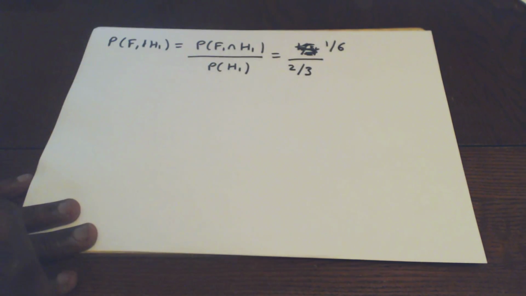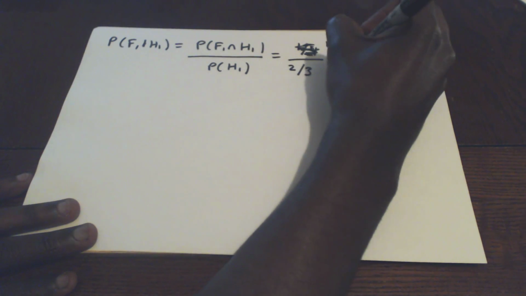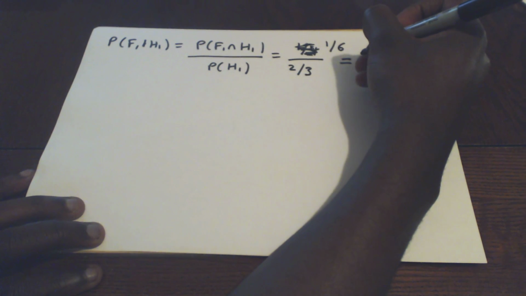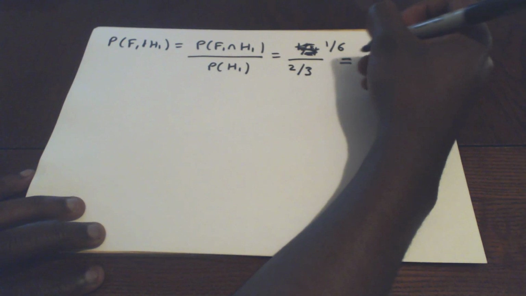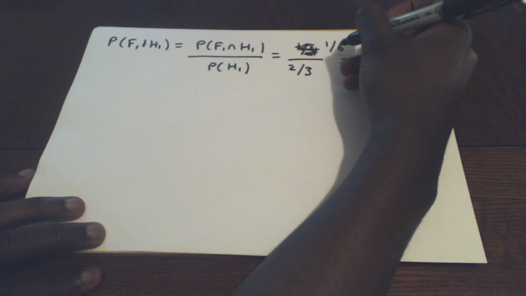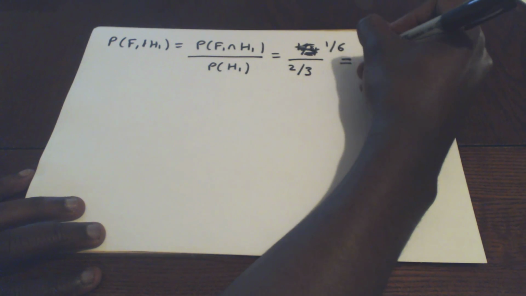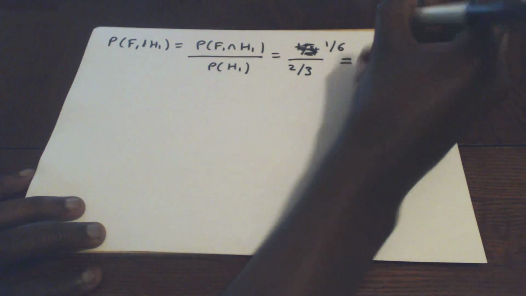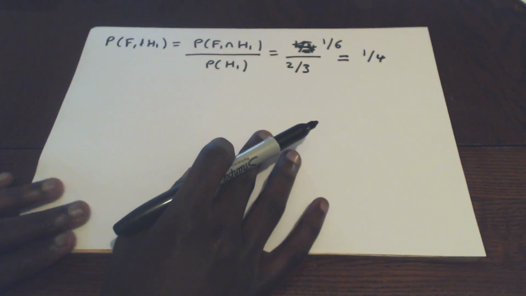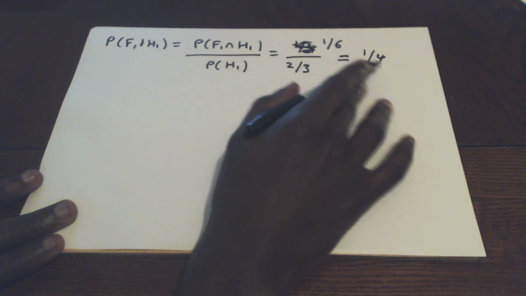So it's 1 over 6 divided by 2 over 3, which simplifies to, let's see, 3 over 6 divided by 2. I'm losing my mind. Yeah, that's 1/4. I wrote the answer prematurely. Apologies for that. So this is 1/4.